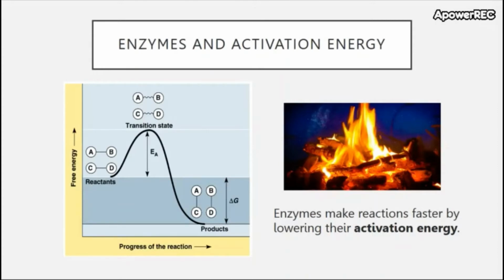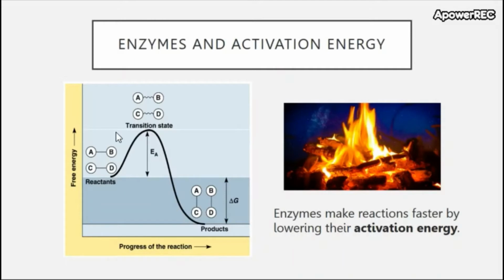However, if all reactants were able to start from a place at the top of a hill, then they wouldn't be reactants anymore. Everything would be the products of that reaction. So the reason why we have reactants, or molecules that are in this beginning state in the first place, is because they have not reached the top of the hill in order to make it to the other side.